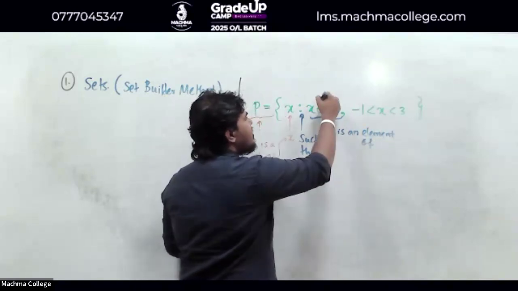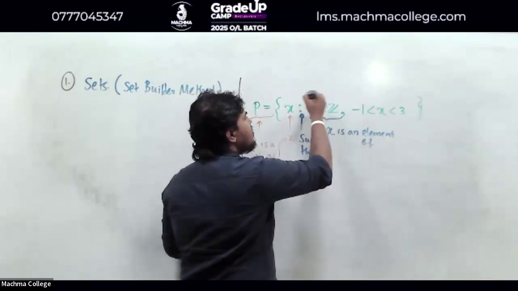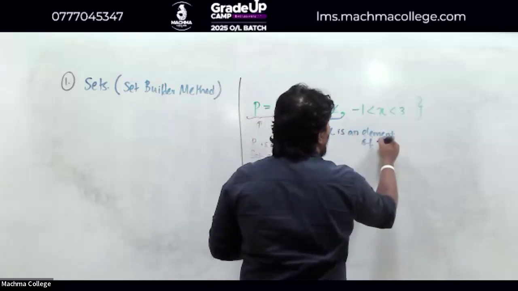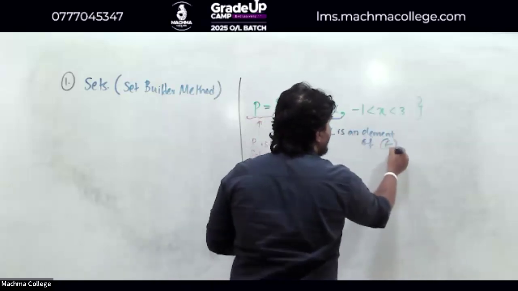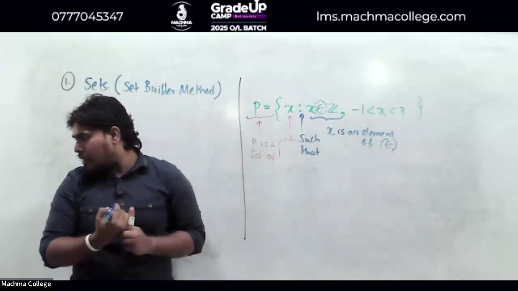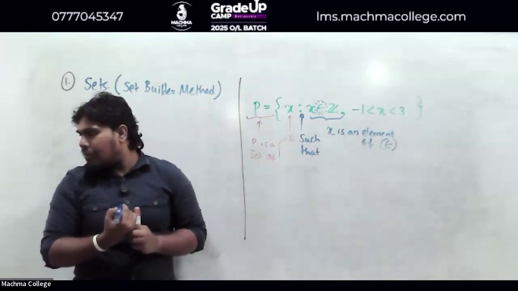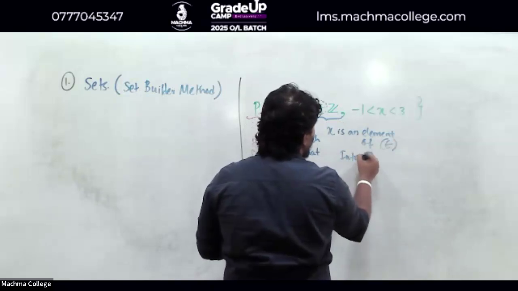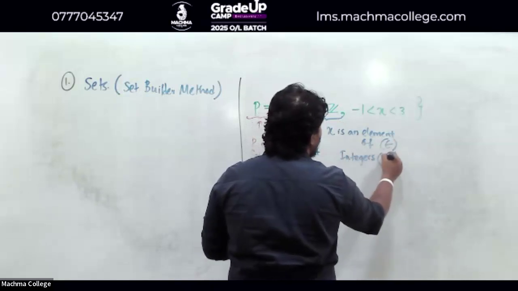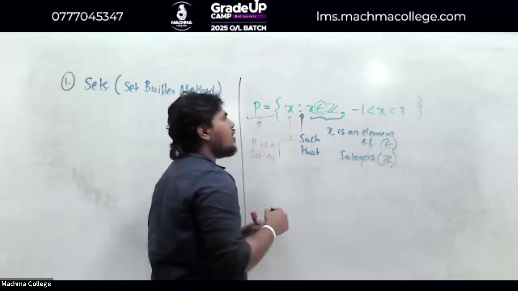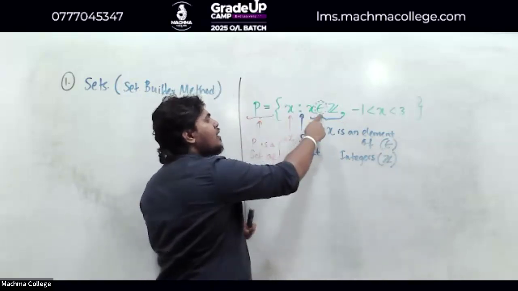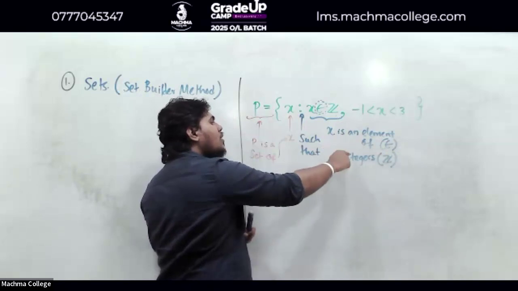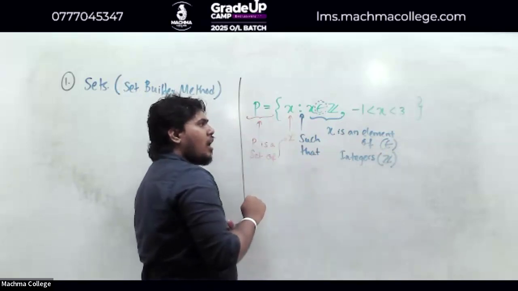This element of part is given by this notation, x is an element of integers. Integers means this is the notation for the set of integers. That is the idea here. x is an element of the set of integers.